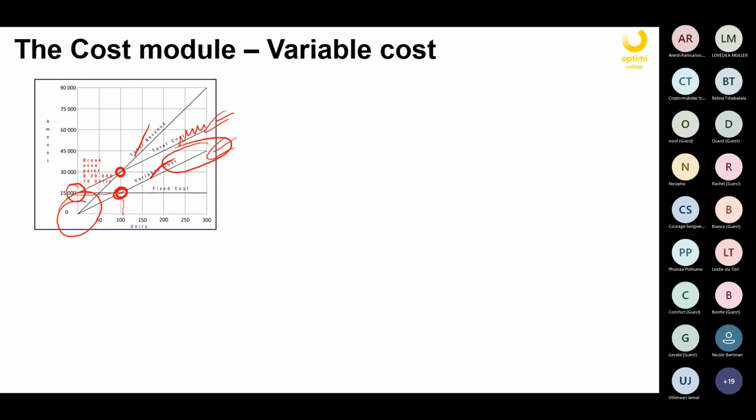For that matter, I could have taken another point, and I could have seen it's 30,000 Rand for 200 units. I can also take that point, and I can see 45,000 Rand for 300 units.